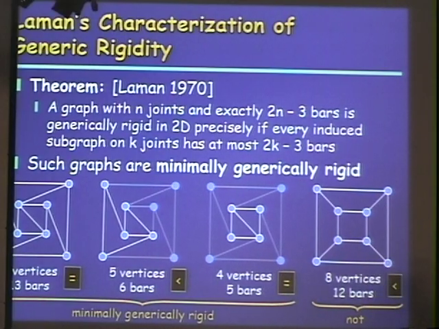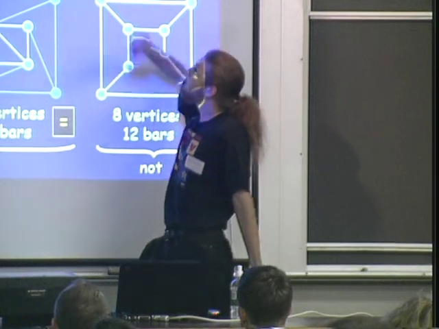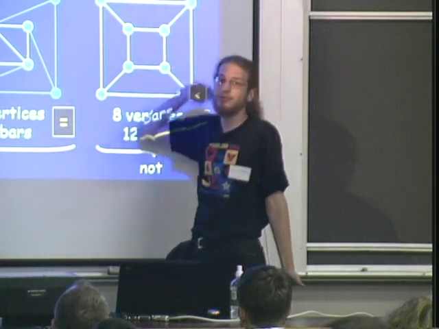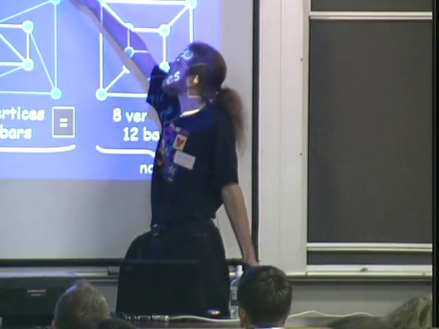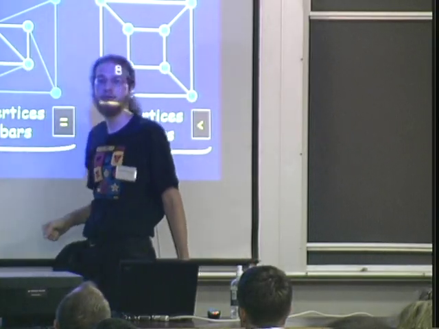If you have a graph with n joints (I'm supposed to use vertices there, but here I've used joints), and it has exactly 2n minus 3 edges, the short version of this theorem is that 2n minus 3 is the right number. So suppose you have a graph and it has 2n minus 3 edges, and furthermore every induced subgraph has at most 2k minus 3 edges, where k is the size of the subgraph.